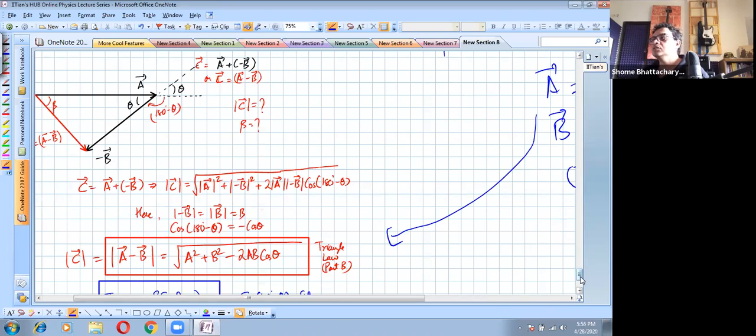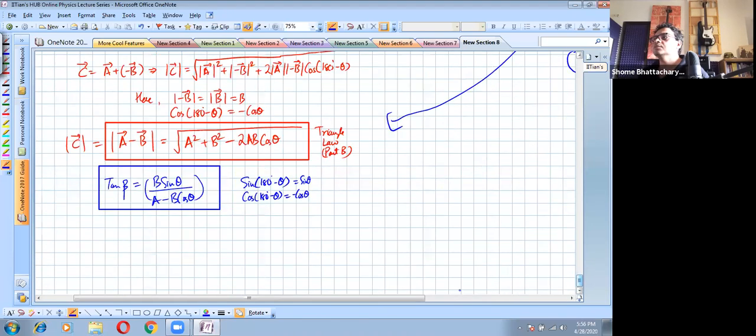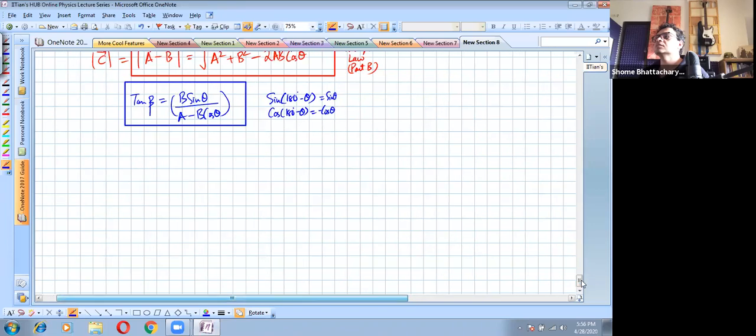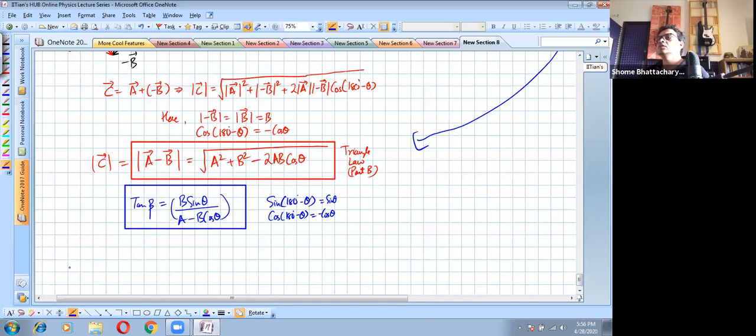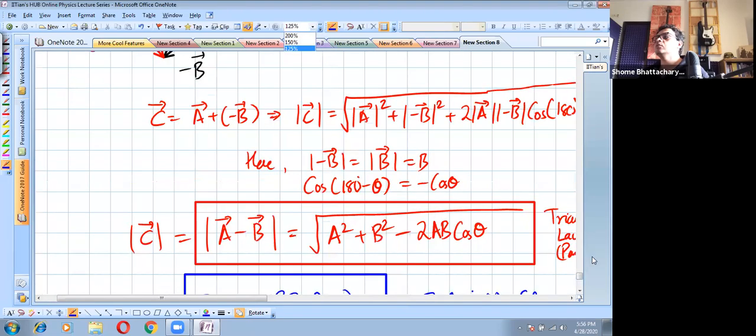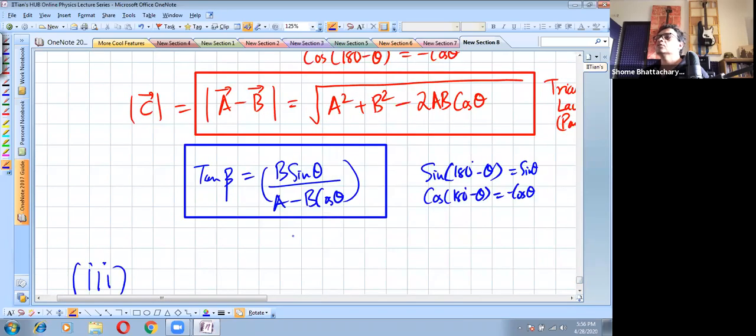Okay. Now, so this is the triangle law of vector subtraction, and you can also see something interesting in this. You can note the next point here, that if you compare the formula of triangle law for subtraction with the triangle law for addition, remember in A plus B, this sign was plus over here.